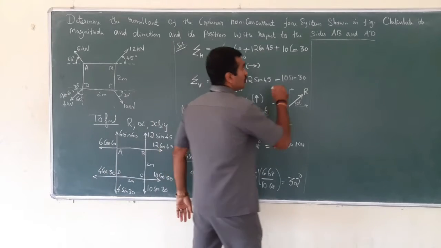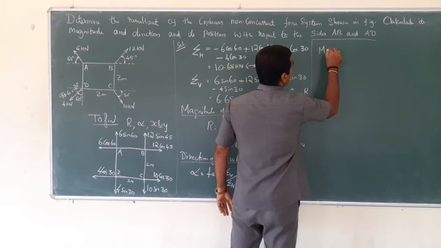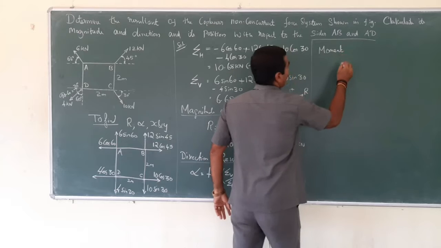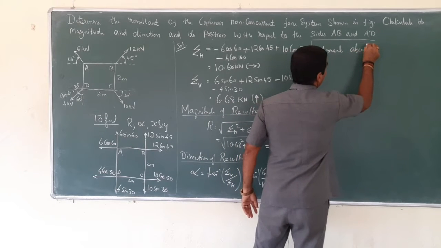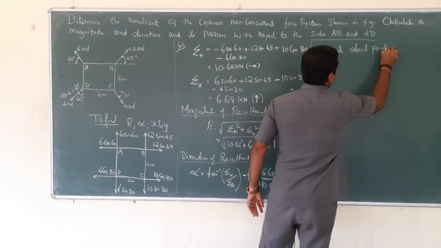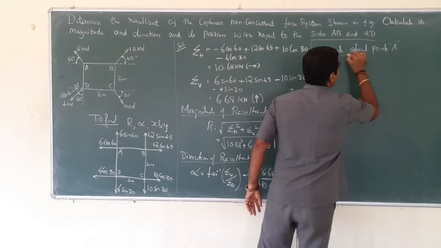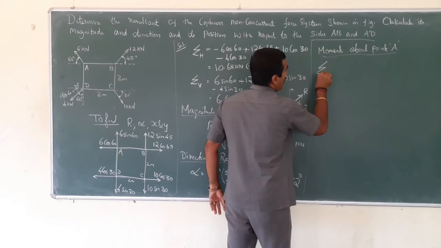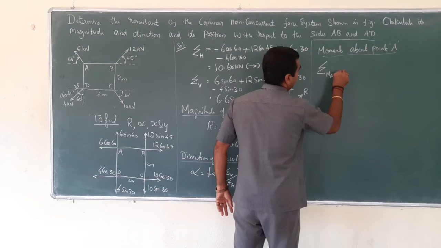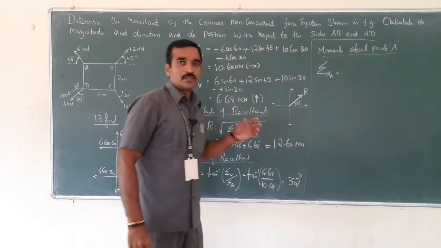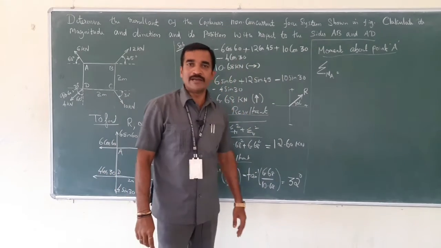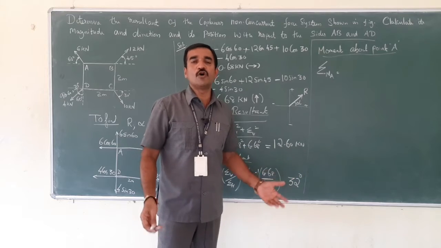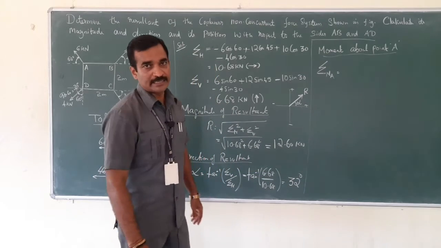Okay, fine. So now the moment about point A. The sum of moments about A is equal to, what is the formula for moment, which is nothing but the product of force and its perpendicular distance.